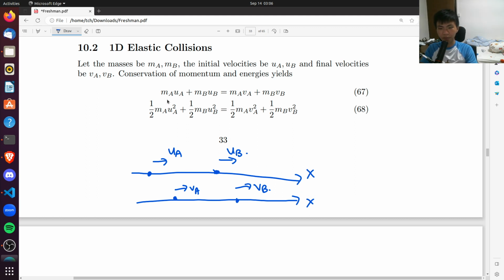The momentum before is mass of A times the velocity of A plus mass of B times the velocity of B. The scenario after is the same thing, just replacing the U's with the V's. So equation 67 is the conservation of momentum.